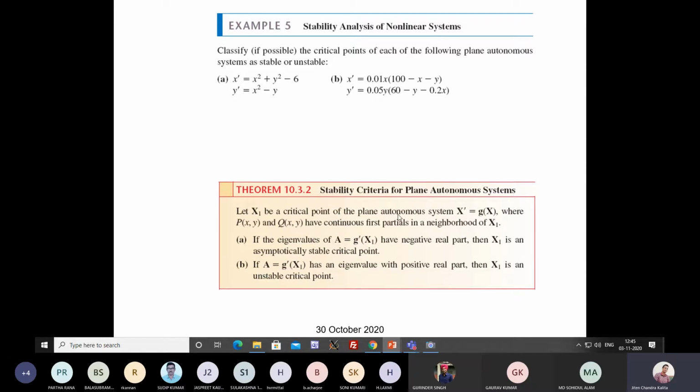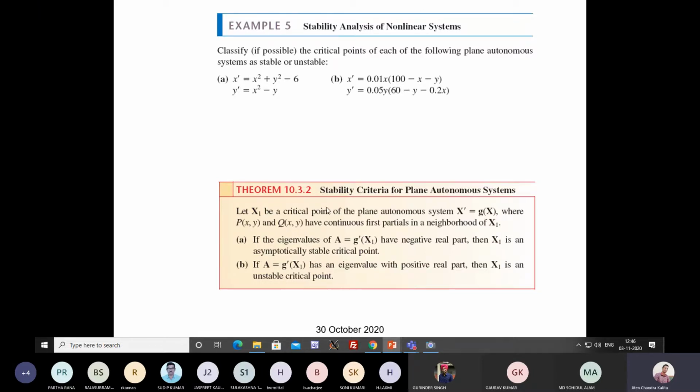Okay, so this is the theorem. I have already told you, you just simply try to connect it to the one-dimensional case, where I had g prime of x1, I had taken that to be equal to lambda 1, and depending upon the sign of lambda 1, we had an asymptotically stable critical point and an unstable critical point.